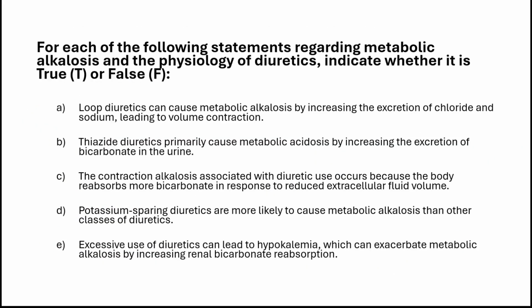Now, this final question is about loop diuretics. If you can remember, diuresis is the loss of water. There are chemical agents which can do this. These chemical agents usually act upon certain transport channels present within the renal tubules, which will prevent the reabsorption of sodium, chloride, and even potassium.